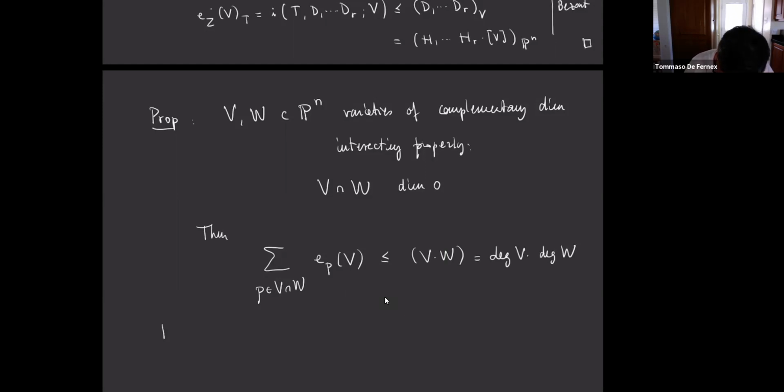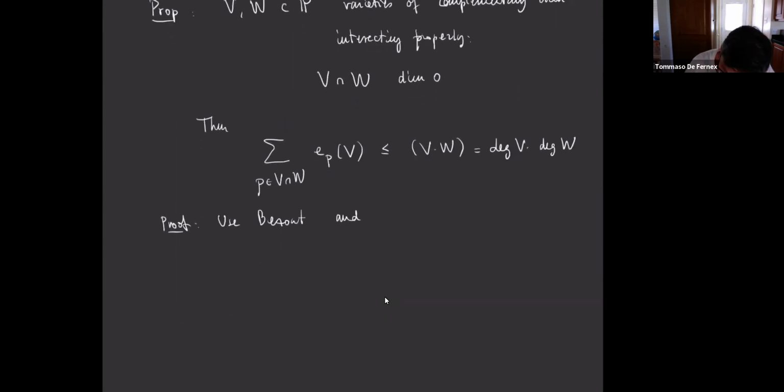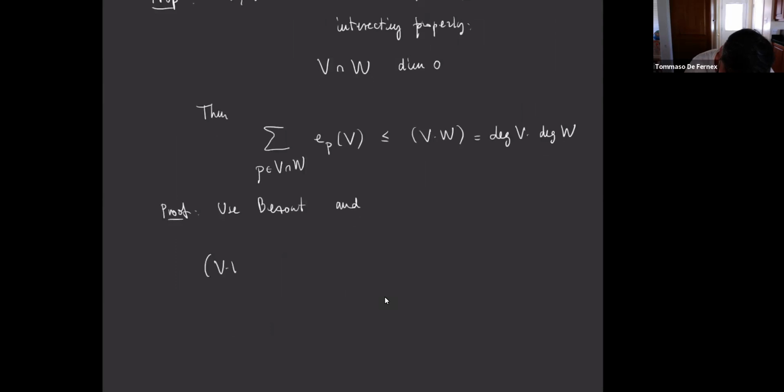So again, proof. We're going to use Bezout for the second inequality. And the fact that when I compute the intersection product, I need to compute certain intersection numbers at the points of intersection.